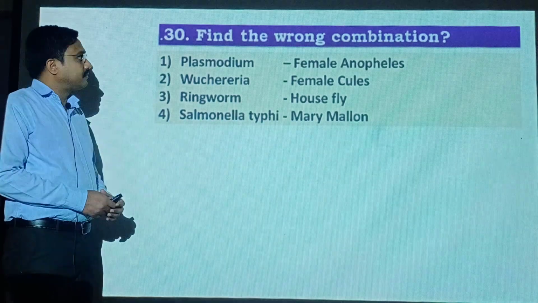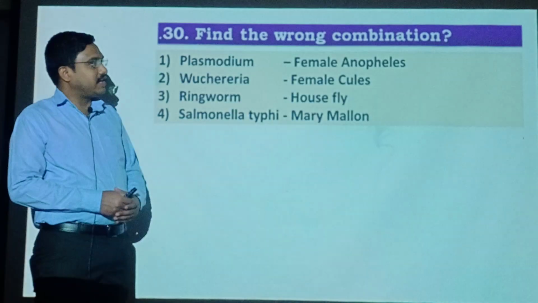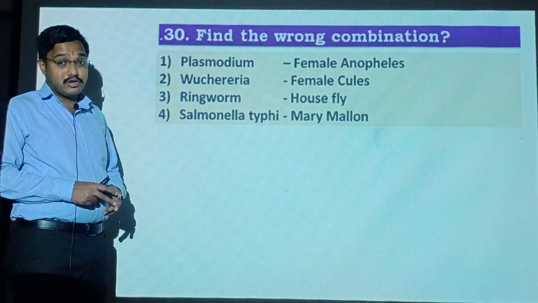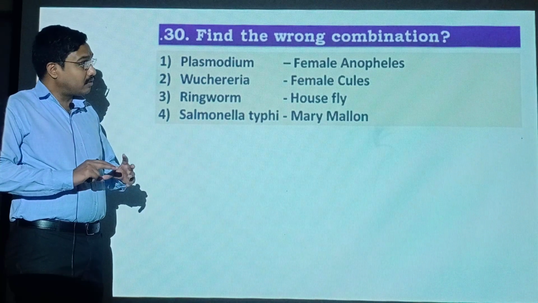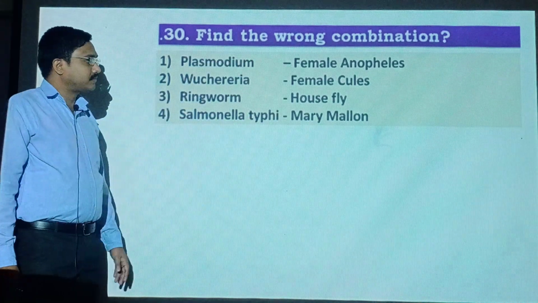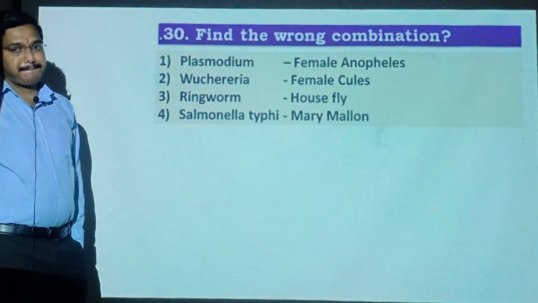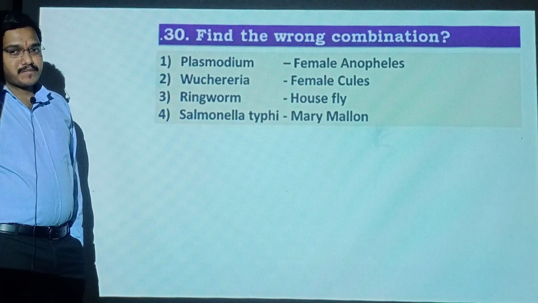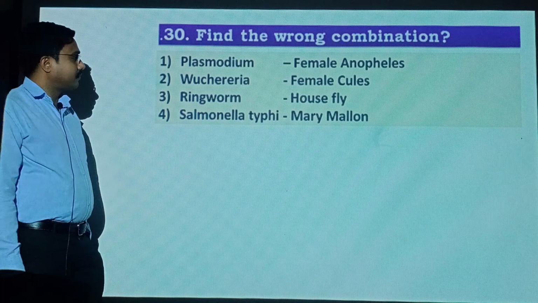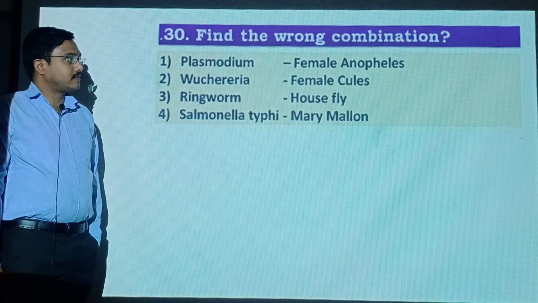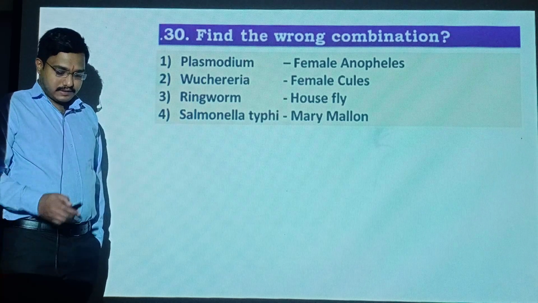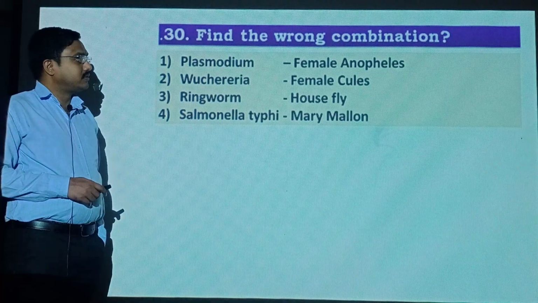Question number 30. Find the wrong combination. Here we have to select wrong combination, not the right combinations. We have to select the wrong combinations. Once you see the options, yes, now look at here.